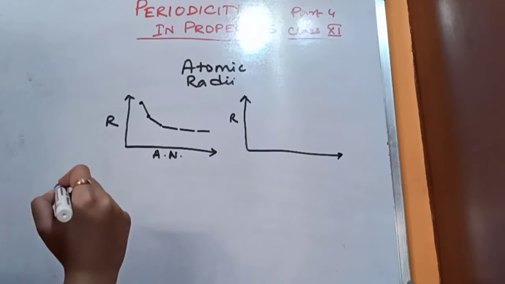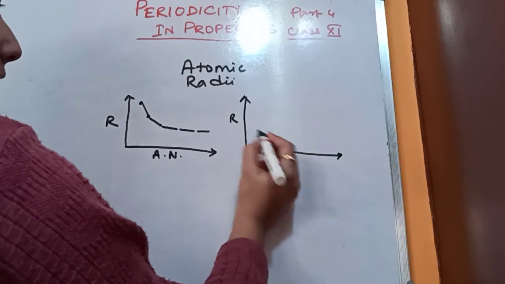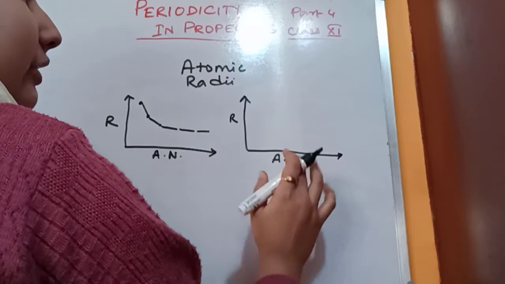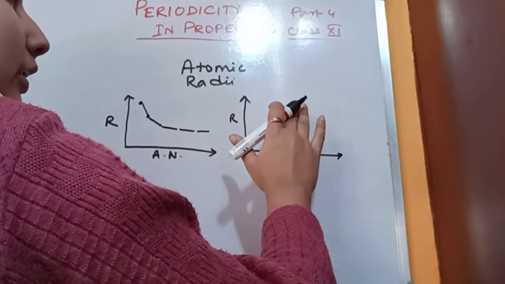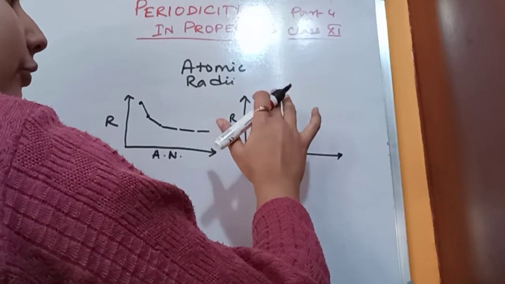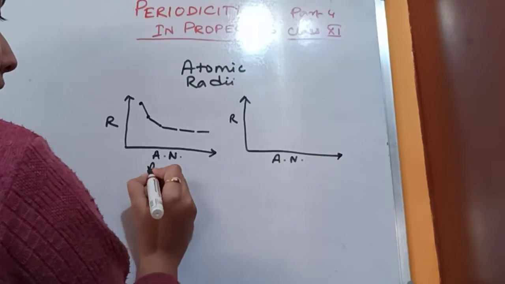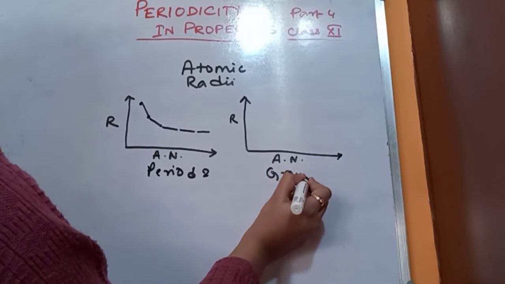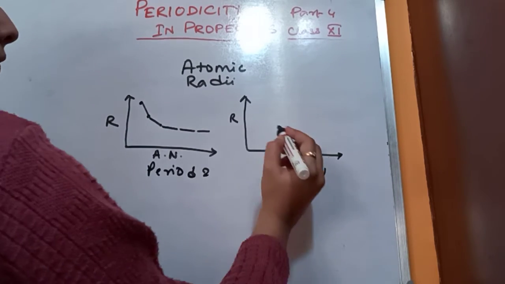This is atomic radii and this is the atomic number, and here I will show you the plot of atomic radii for group 1. This was for period 2 and this is for group 1.